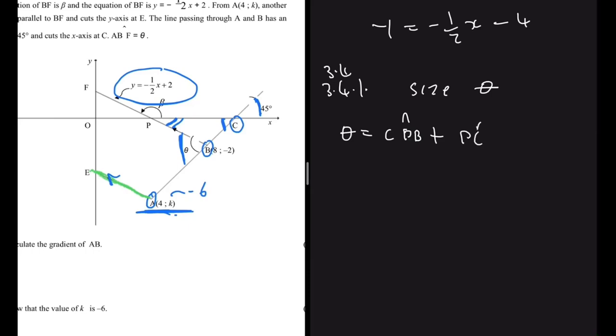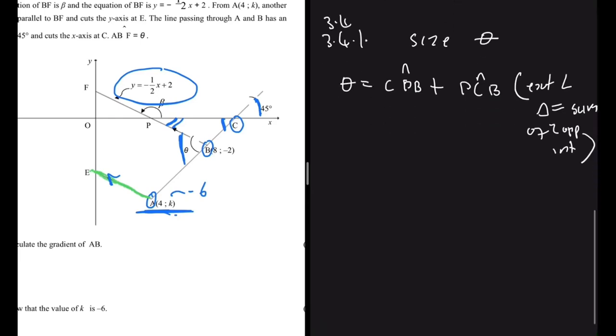So we have PCB, right? So now we can go ahead and try to find the size of CPB and the size of PCB, and then we would have theta. So let's look at CPB.